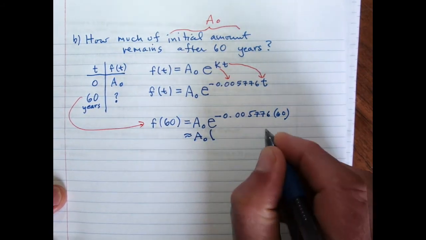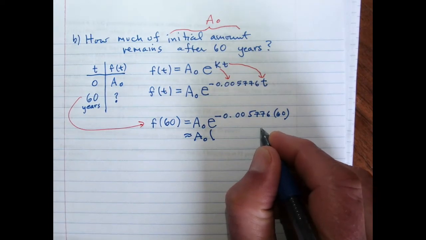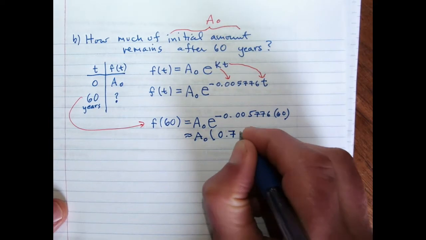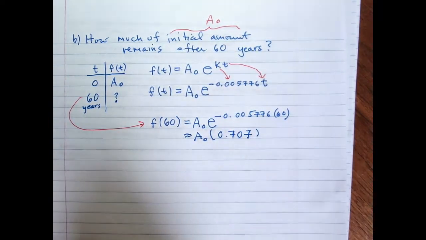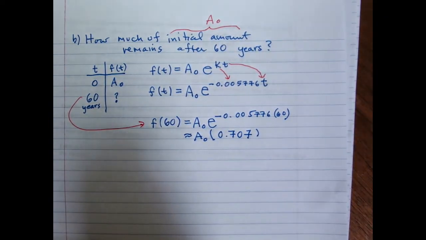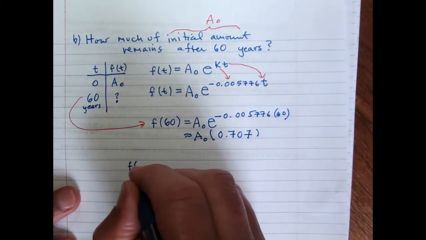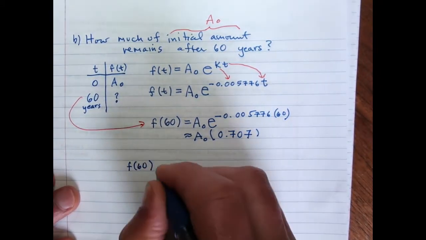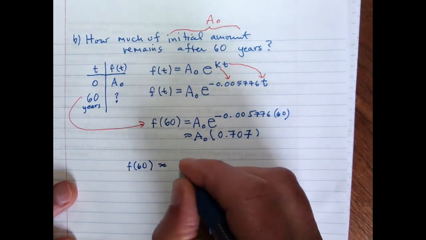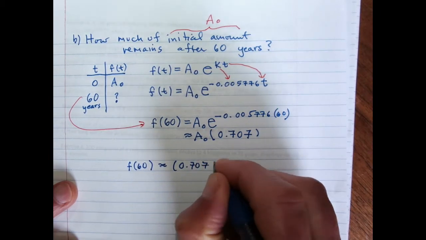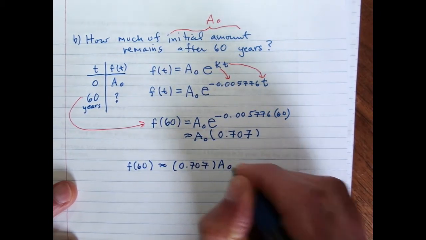now just for the exponential, I rounded this off. This is about 0.707. Okay. So f of 60 is approximately 0.707 times A0.